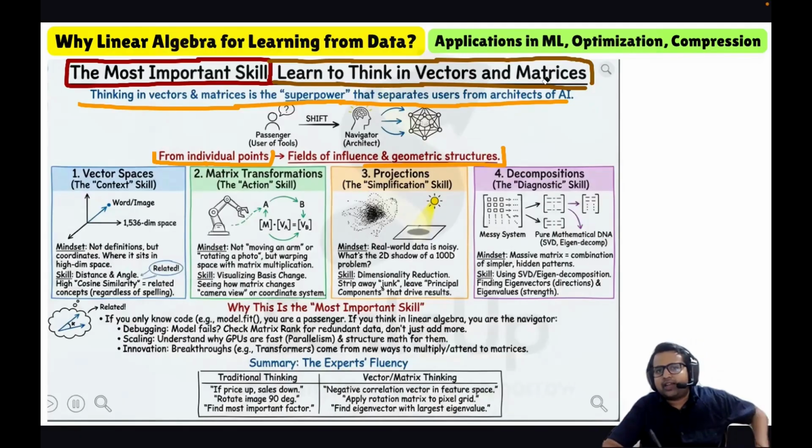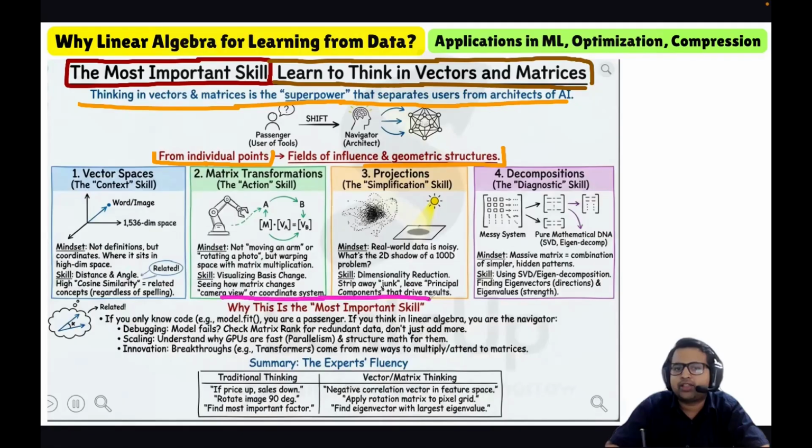Now, let us get a realization why thinking in terms of vectors and matrices is the most important skill, why it is the superpower. See, if you only know the code, you are a passenger. But if you think in linear algebra, you are a navigator.